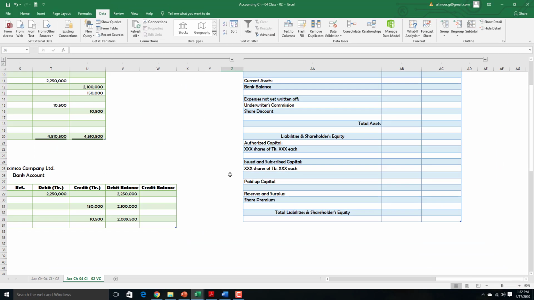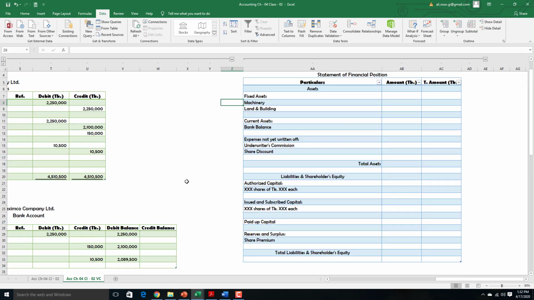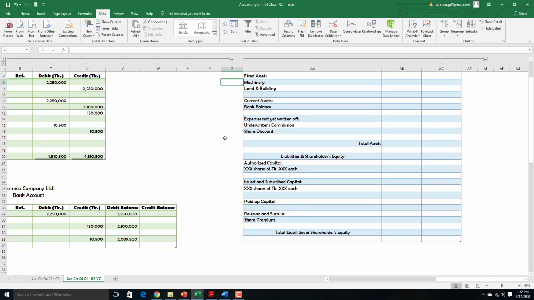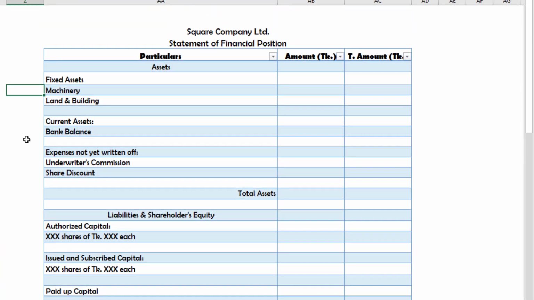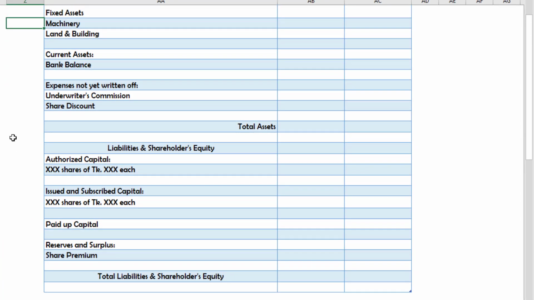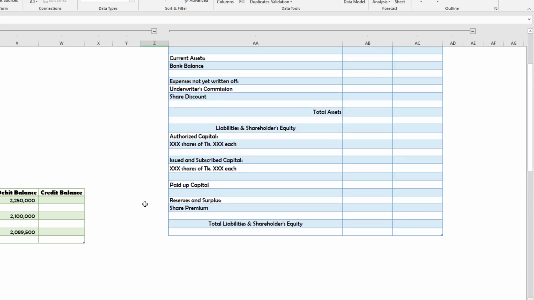In this statement, there are 2 accounts that are new to you. Though I discussed them in class 1, you are seeing them for the first time here. So let's memorize: under expenses not yet written off, share discount will be included, and under reserves and surplus we will include share premium.